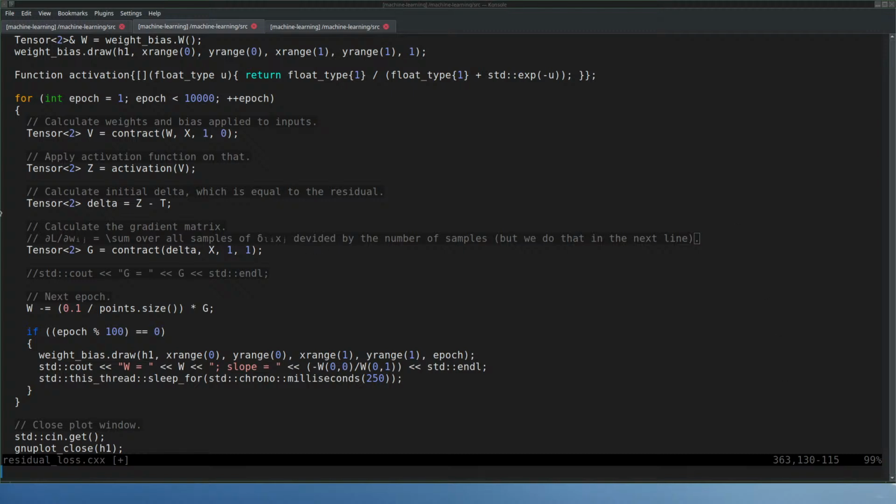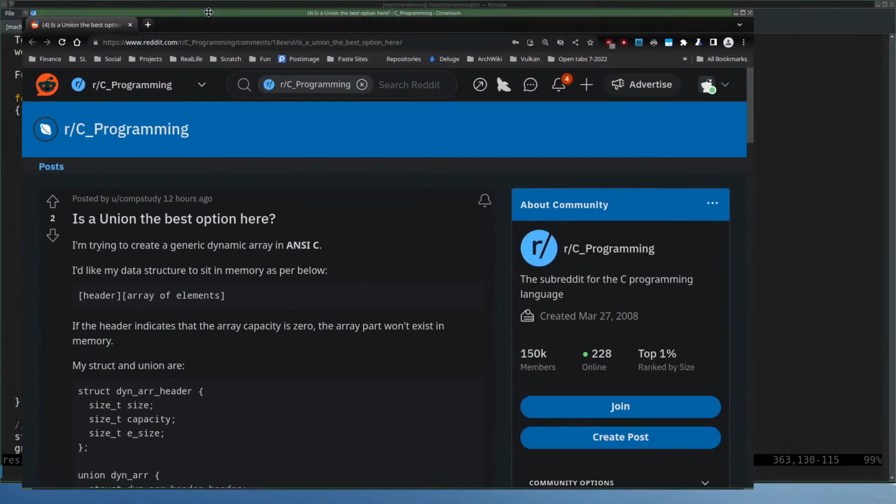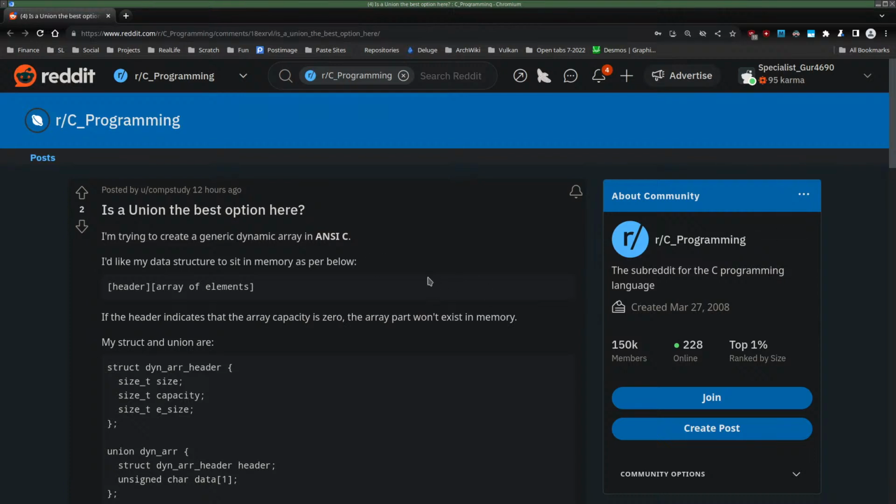I have to look at the what? It opens in a different monitor. Union the best option here. 12 hours ago. Why do I get a notification 12 hours after being posted? Try to create a generic dynamic array.